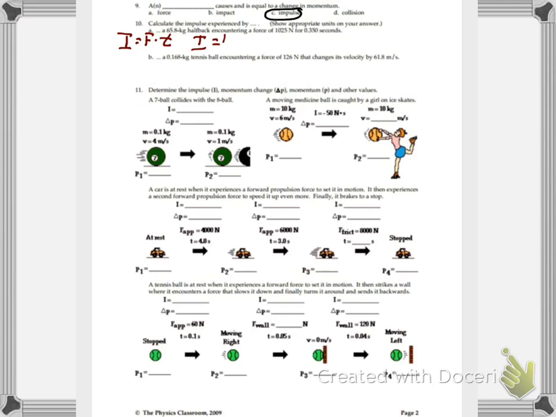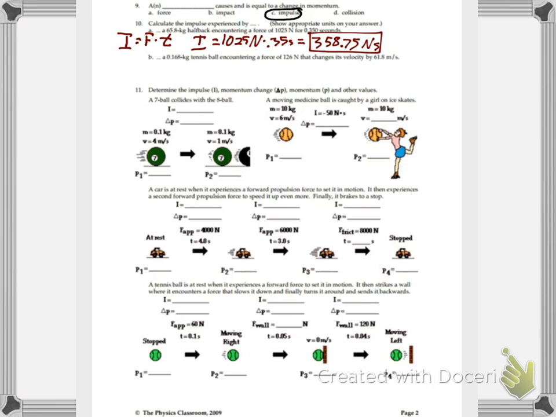We're given 1,025 newtons, and we can multiply that by 0.35 seconds. So then we will get an impulse of 358.75. And our units there are Newton seconds. It's the same thing as a kilogram meter per second.